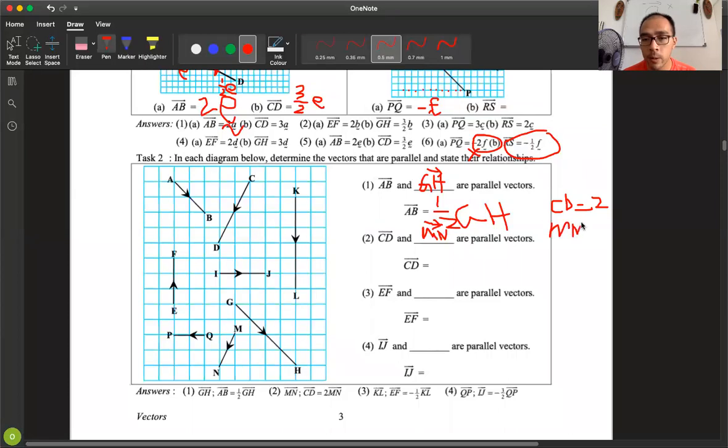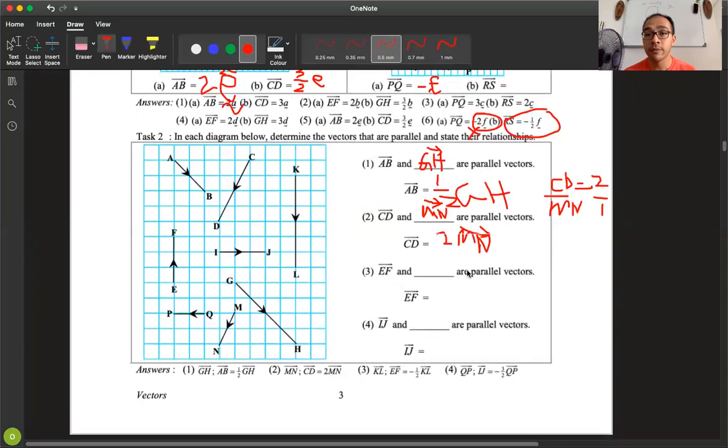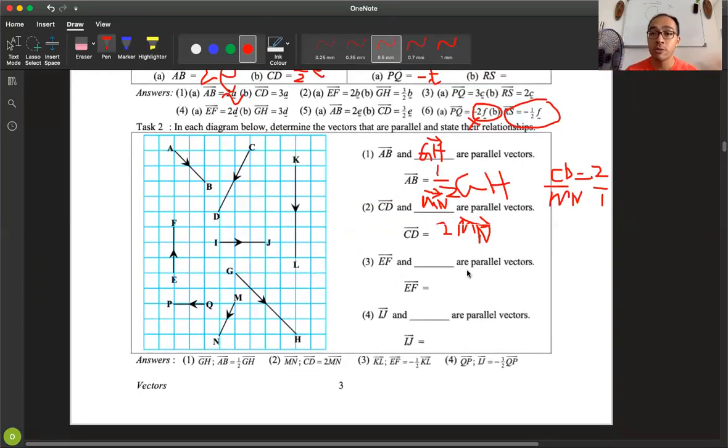If I'm going to get CD only, I bring MN across, so this will become 2MN with the arrow. Oh my goodness, I feel like a 5-year-old teaching you all this horrendous handwriting. And that's how we write the representation of the scalar which needs to be multiplied with the vector.